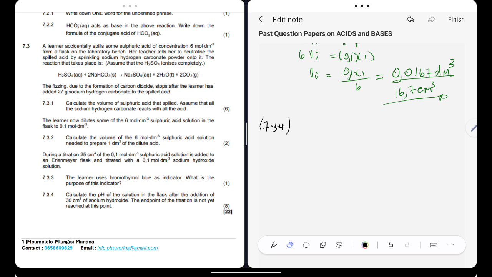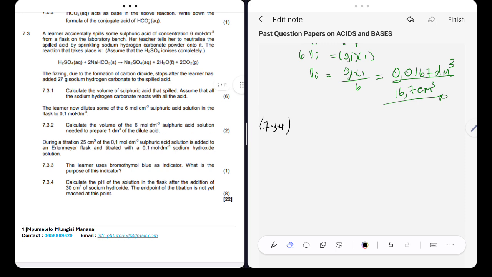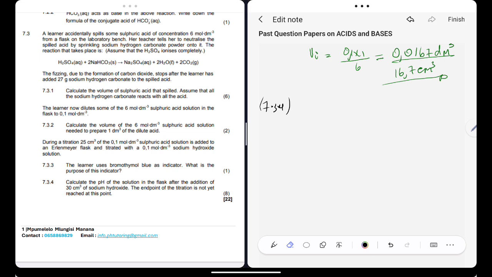I think for me to be able to answer this, remember that, guys, whenever I'm mixing an acid and a base, the substance which is in excess is the one that will help me to find the pH of my solution, right? Even before I continue, let me write a balanced reaction.